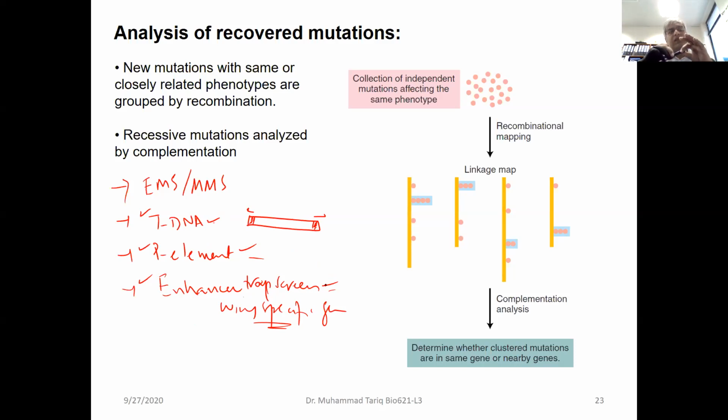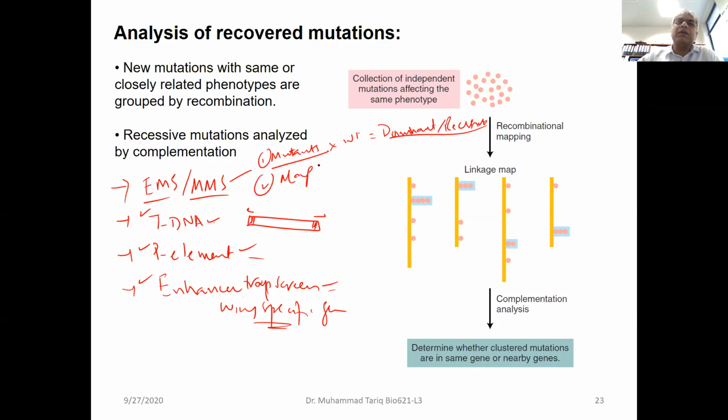In the case of classical mutagenesis where you use EMS and MMS, you have to map the chromosomes. The first thing, once you get a mutant population, you cross them with wild type. And the first step is to determine whether the phenotype is dominant or recessive. The second step is then you map the chromosome.